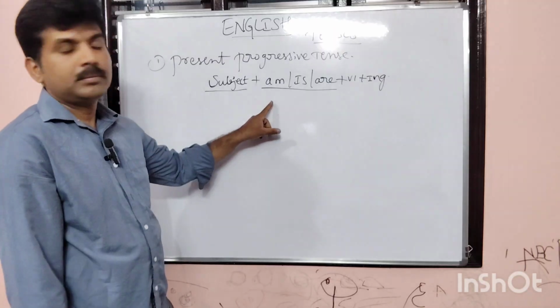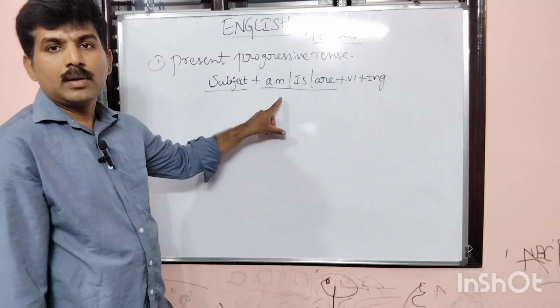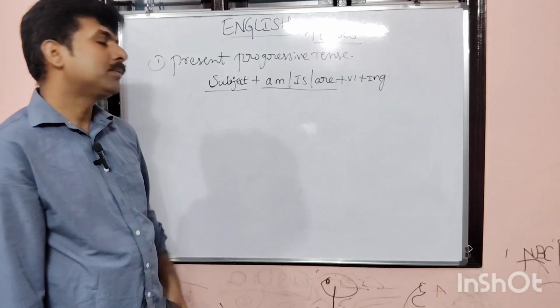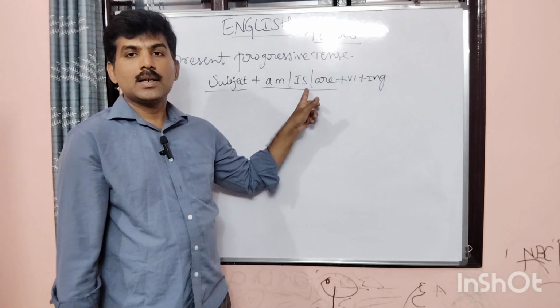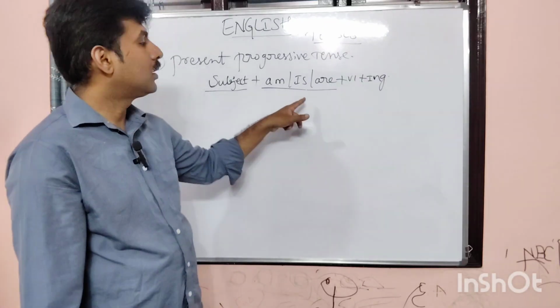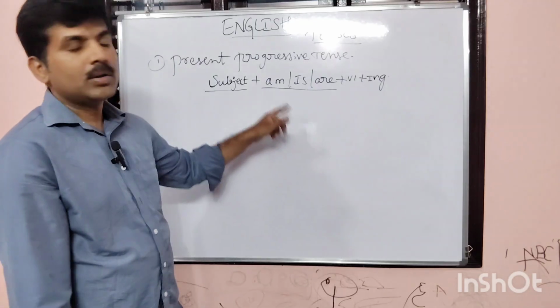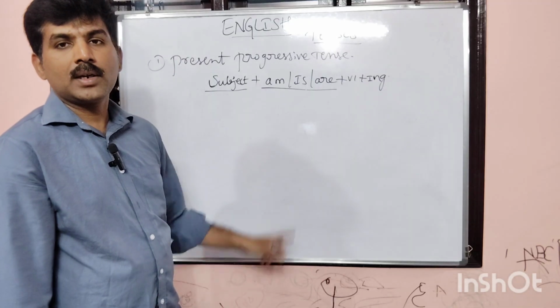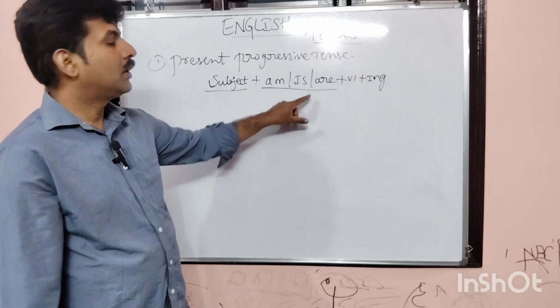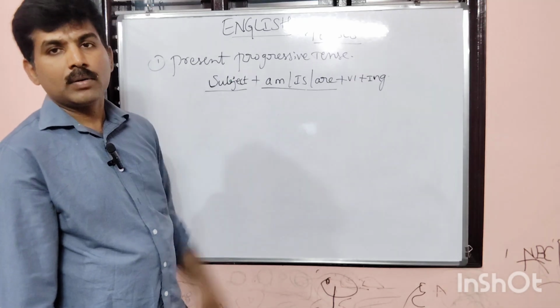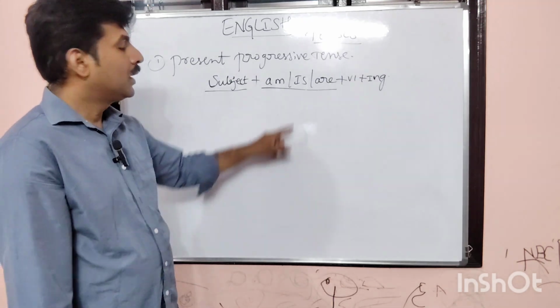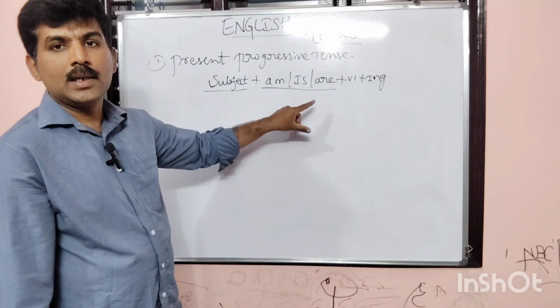Okay, am goes with I, like I am. Is is used only for singular subjects. Here it does not come in plural form. The plural form is applicable only with are. For example, she is, it is like that.